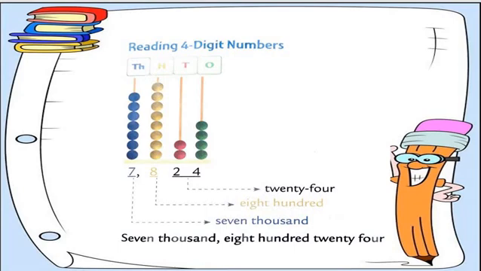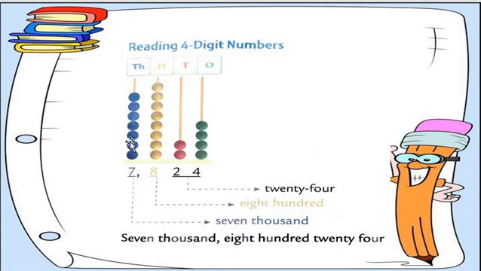Now let's start solving, that is, how to read a number. Here is the abacus and all its beads. It is called an abacus, and in the abacus how many beads are there? We count, and we write these places. First of all, let's start with the 1,000 place.